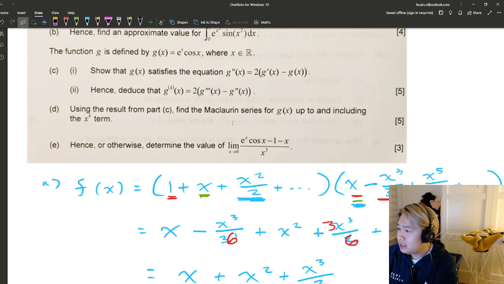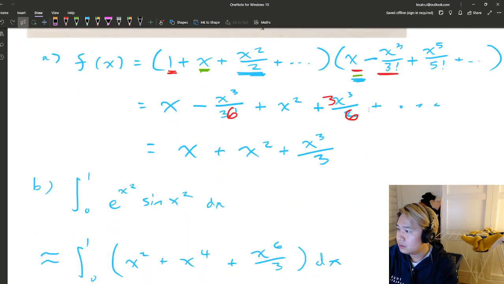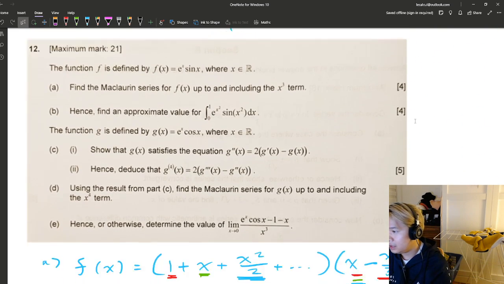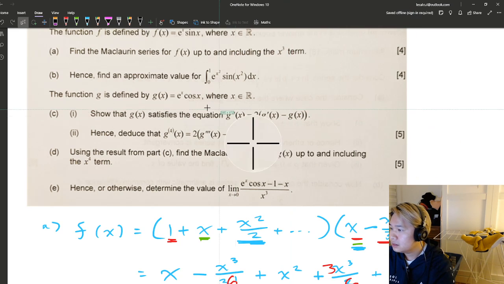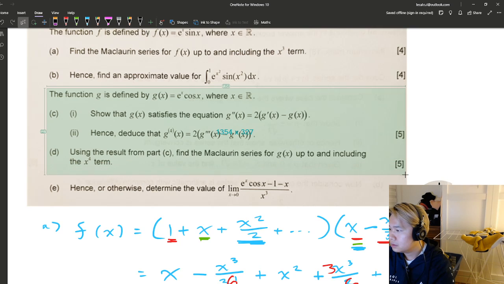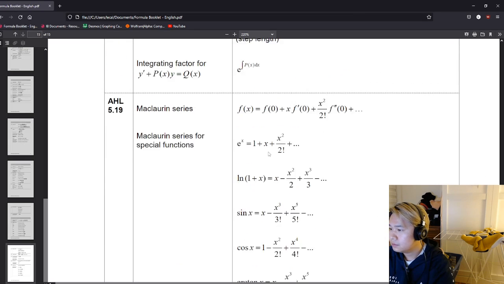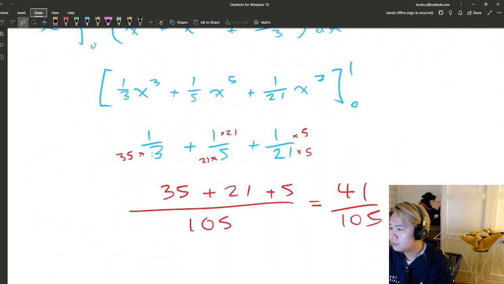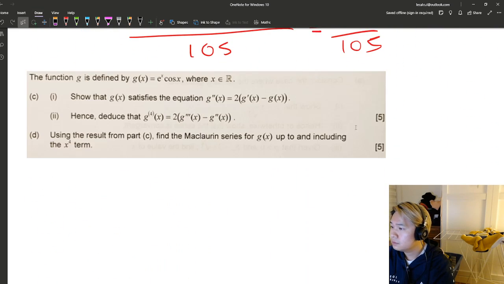And then we have g. Okay, show that g satisfies this equation. So the double derivative. Okay, I'm gonna copy this. So g is e to the sine x... e cosine x. So let's write down what g prime is.